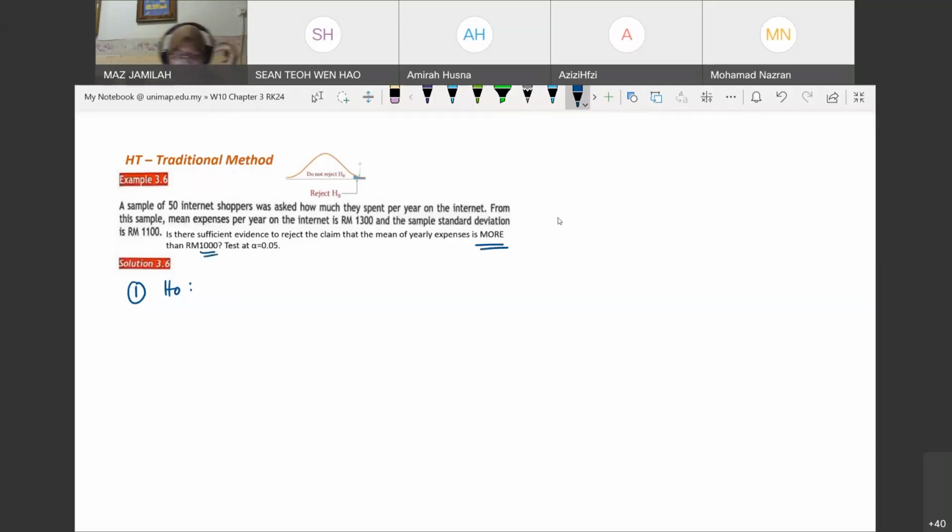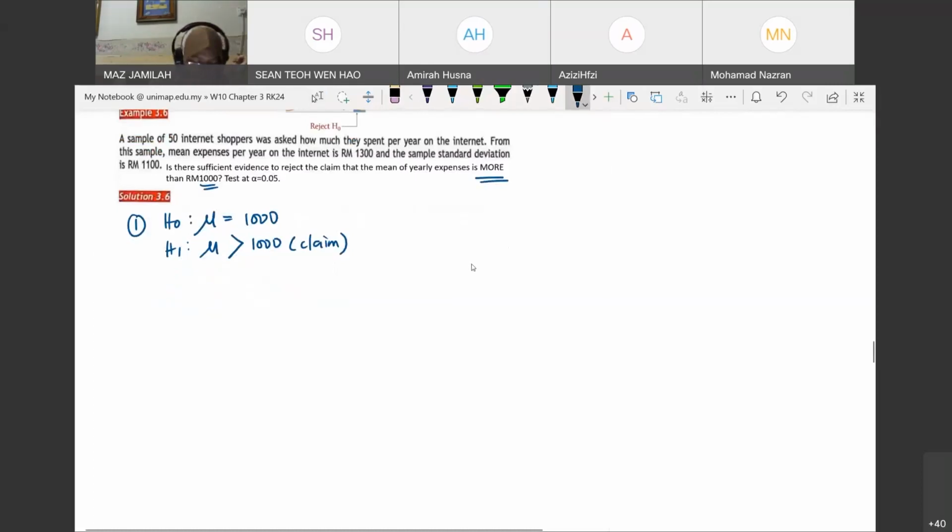So your hypothesized value I changed to 1,000. So your mu is equal to 1,000, and then your alternative becomes mu is greater than 1,000. And automatically this will be your claim that needs to be supported.